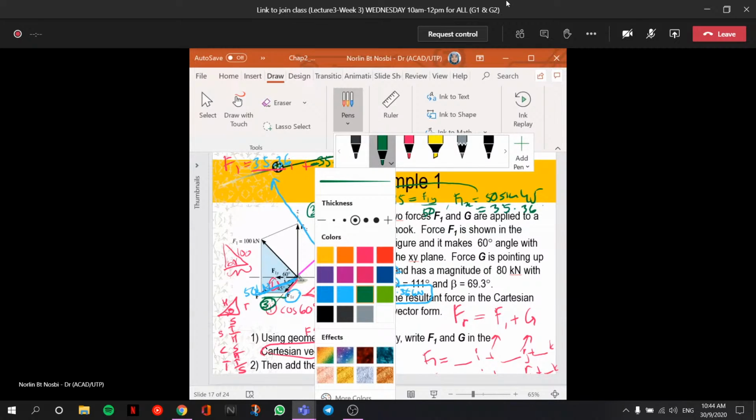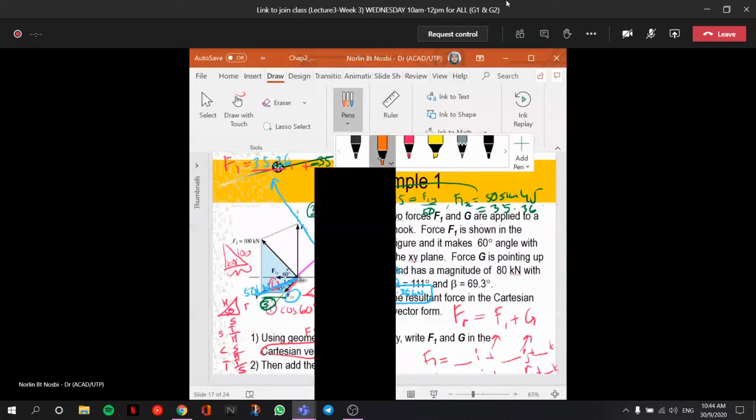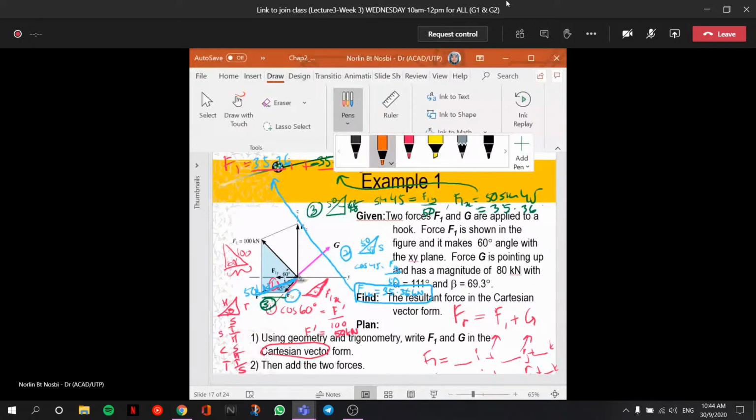Where is it? Which one? F1K. Okay, F1K is at this point here, number 4 here. So if you want to find this, it's the same thing.